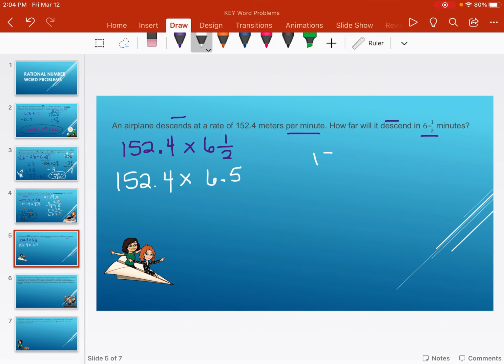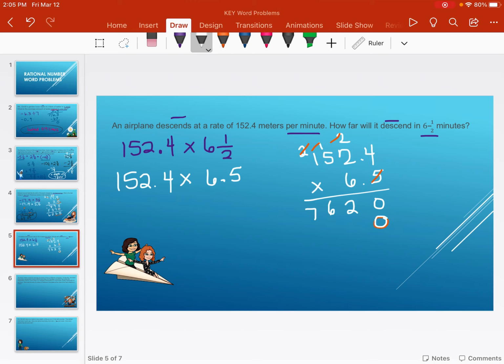And let's set it up. 152.4 times 6.5. 20. There's 10 plus 2 is 12. 25, 26, and 7. Tic-tac-toe.